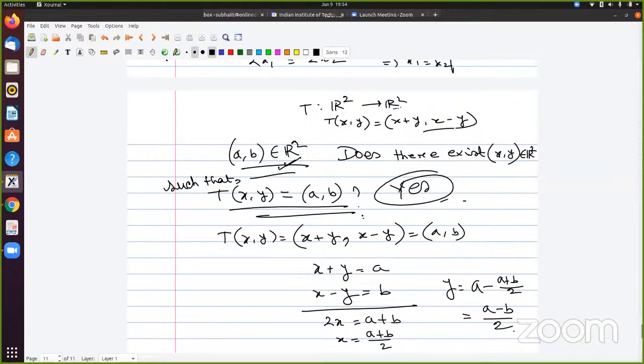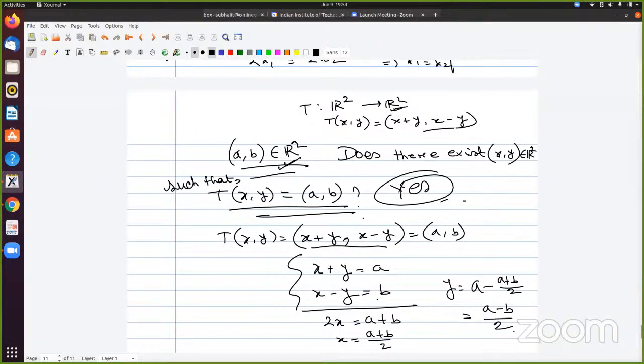Sir, a and b you are taking from the codomain, right? Yes, the codomain, R2. So my question is whether there exists (x, y) such that T of (x, y) is (a, b) or not. T of (x, y) is (x plus y, x minus y). Now, can we have a solution such that x plus y is a and x minus y is b? If we have a solution for x, y from these two equations, then we get the pre-image.